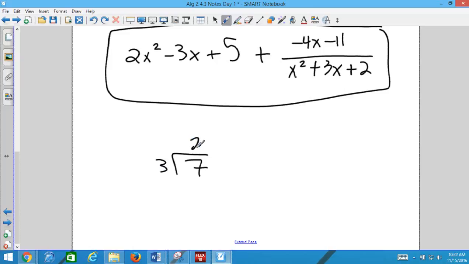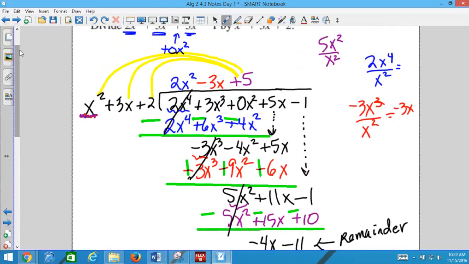So this would go in 2 times, we get 6, we subtract it, we get 1. So this would be like 2 and 1/3, which is the same thing as 2 plus 1/3. But you can't write the fraction next to the 2, so we just put a plus sign. Why isn't what? Because there wasn't an x? It was just 5. Did you have an x on yours?